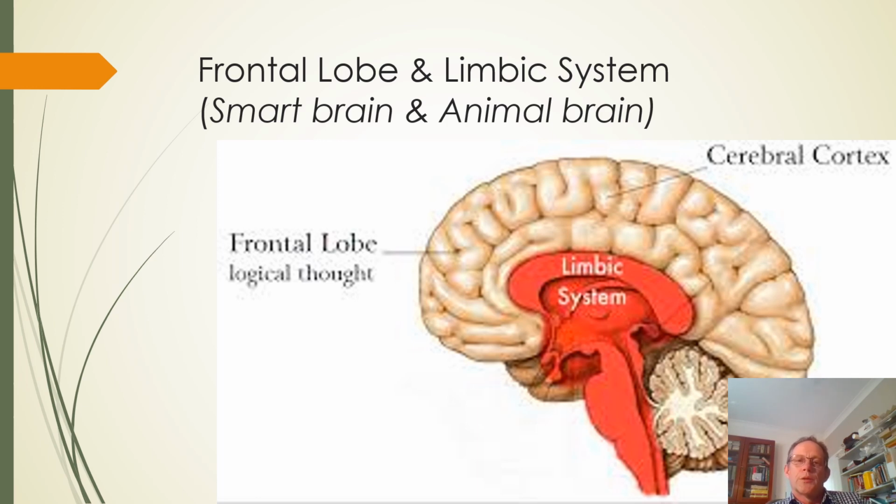It takes the longest time to develop, and it's the part of the brain that's the most highly developed, if you like. And it's the balance between this frontal lobe and the limbic system which really determines our behaviours. It's a balance between those higher considerations and basic animal instincts.